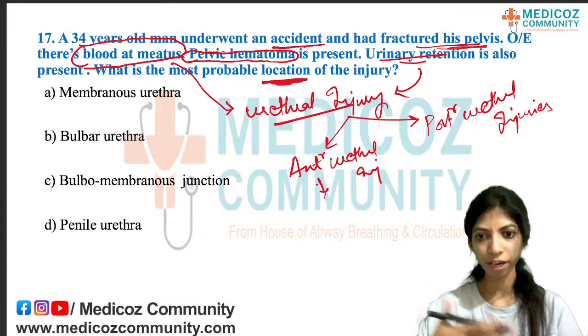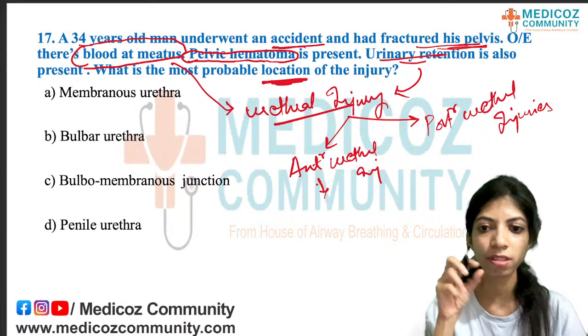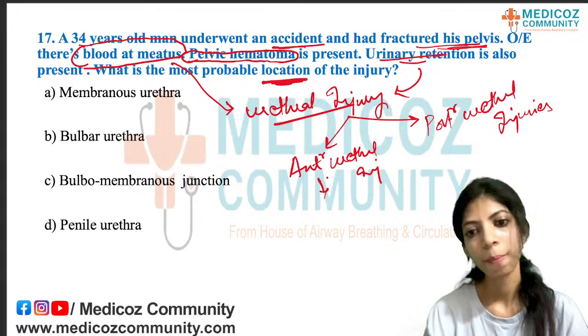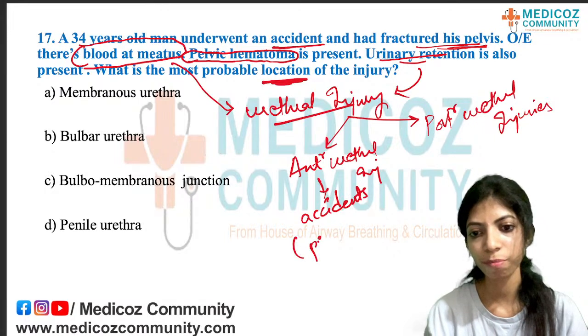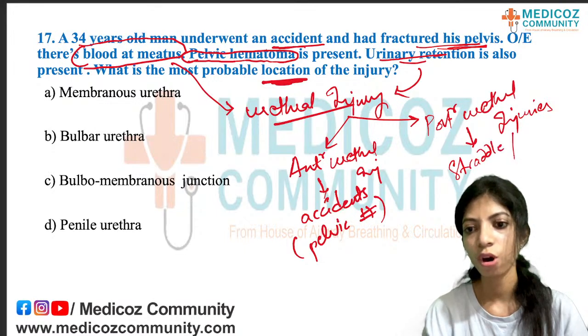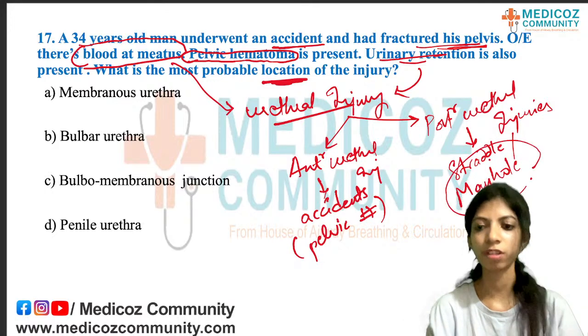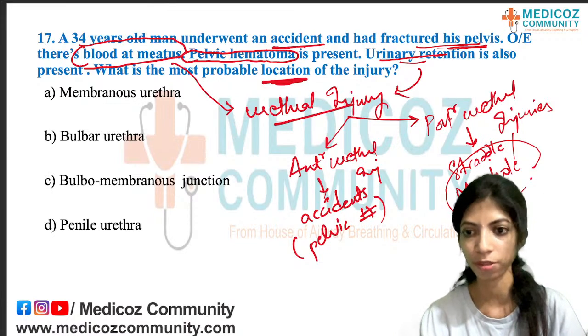When you're hit from the front side, the pelvis gets fractured and that compresses your urethra and causes the injury. So these are mostly seen in cases of accidents, and he'll give a history of pelvic fractures. But in case of posterior urethral injury, he'll classically give it as a straddle injury or a manhole injury. This you have to remember. He'll commonly give it as a man fell in a manhole, that kind of question.